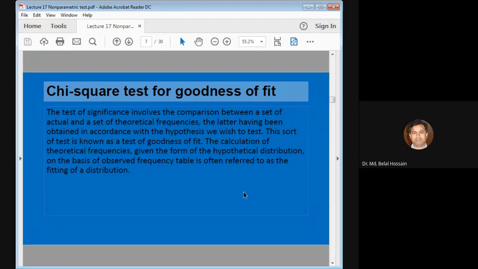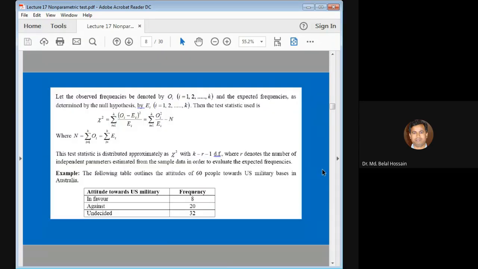This set of tests is called the test of goodness of fit. The calculation of theoretical frequencies, given the form of the hypothetical distribution on the basis of the observed frequency table, is often referred to as the fitting of a distribution. That is, we want to say whether the observed frequency fits a particular set of expected frequencies or not.